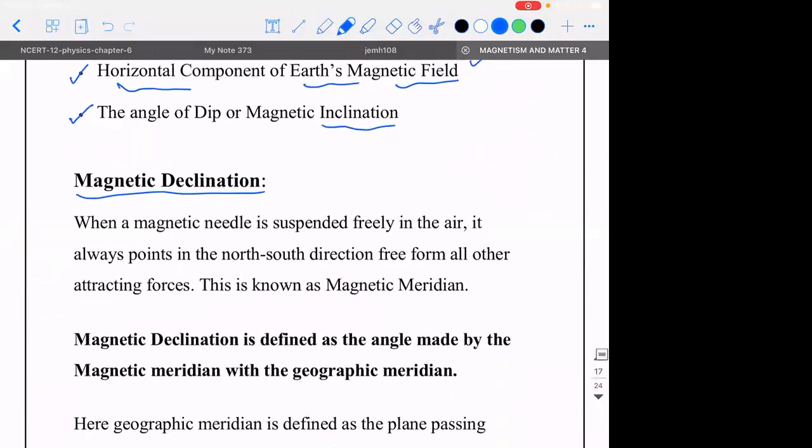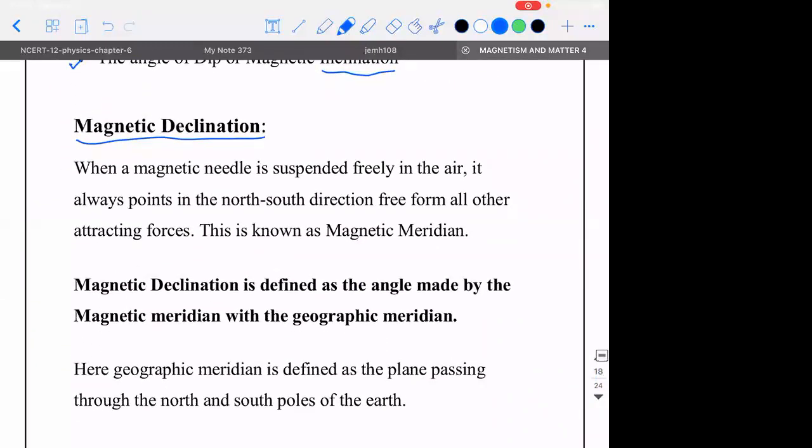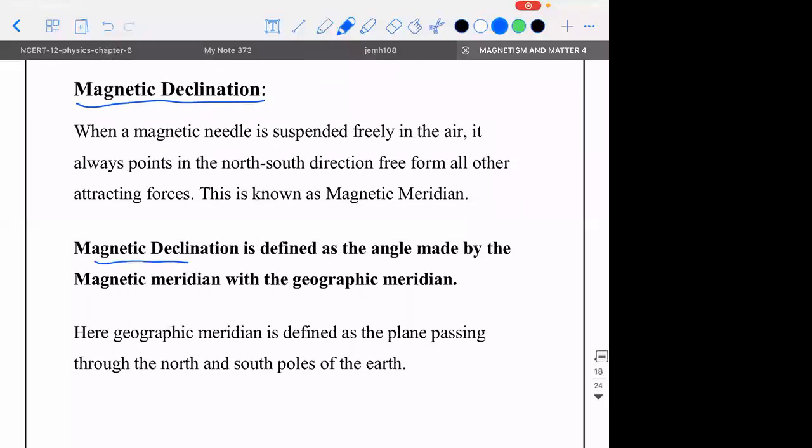So please write down the definition. Magnetic declination is defined as the angle made by the magnetic axis with the geographic axis. Meridian is also right.